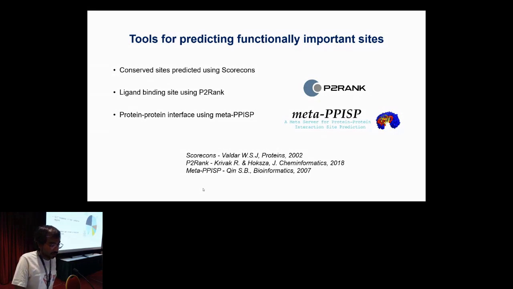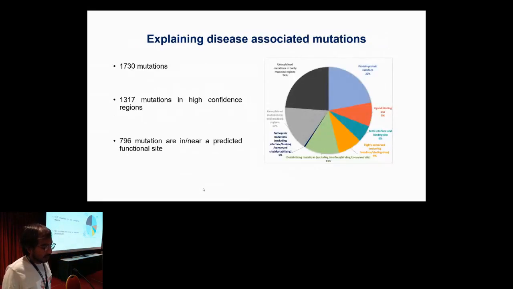In our data set, we had around 1730 disease-associated mutations, out of which some 1,300 mutations were in the high-quality domains of AlphaFold or RoseTTAFold, and even those residues were of high quality, because we could only use data if both the domain and the quality of the individual residue was high. Out of the 1,300 mutations, around 800 mutations were in or near a predicted functional site. We also did some analysis with destabilization and pathogenicity, which I will come back to later in my slides.